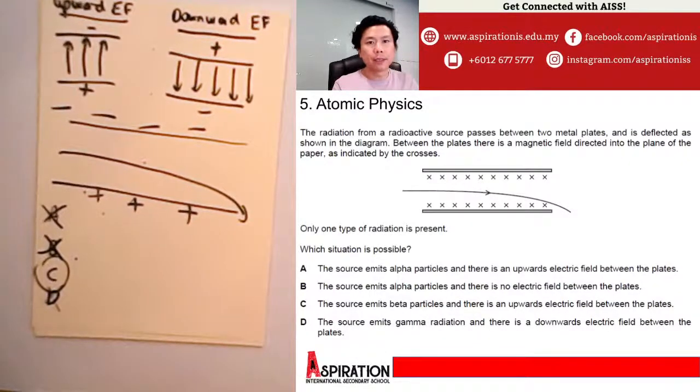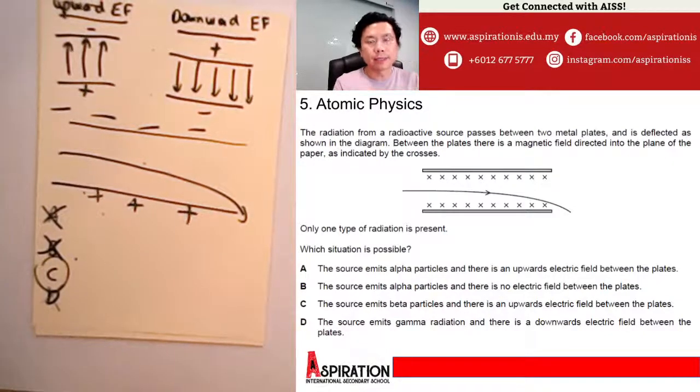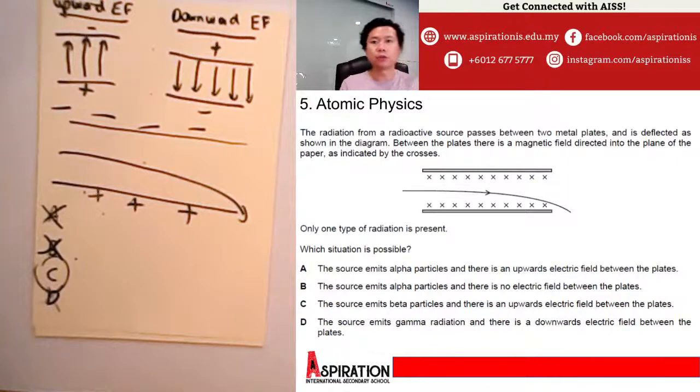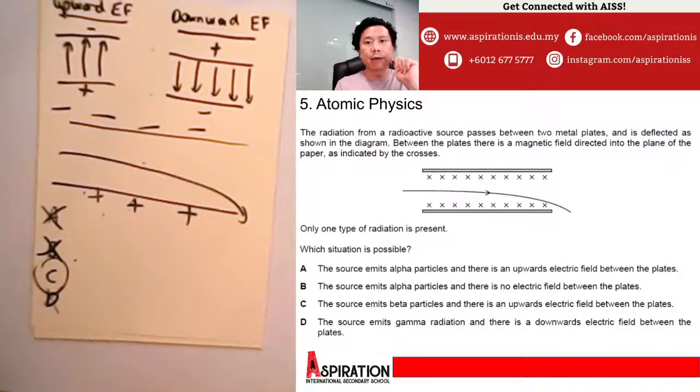You can do this many ways. It depends on what your teacher has taught you. In my class, I tell my students that if you choose the left hand rule, remember this is alpha, so whenever you see beta, you just reverse the direction.